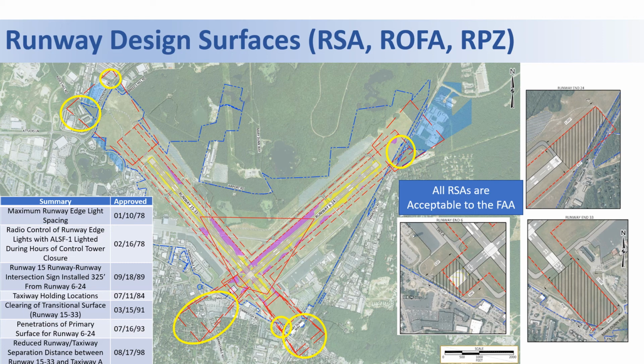It's important that the FAA control the interest in land, either through fee simple or through easement, to make sure that nothing gets built in these areas, particularly the runway protection zone, which is off airport property on some occasions, that the airport would not be compatible with, such as any kind of thing that would encourage congregations of people or residential structures or any kind of obstruction to the approach to the runway.